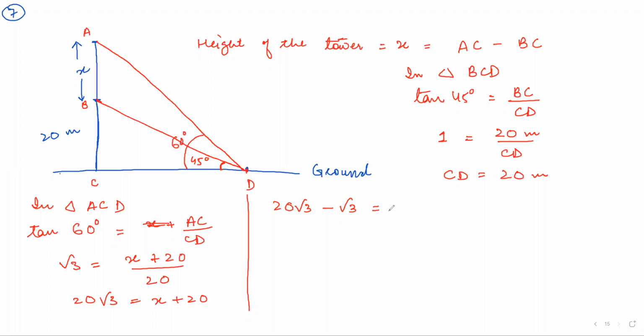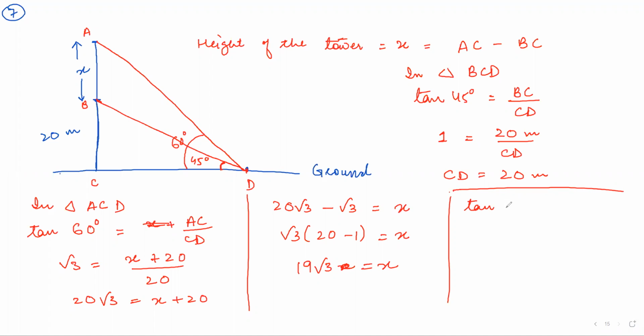So let's see what comes out from here. If I take root 3 common, so I have 20 minus 1 is equal to x. So I get 19 root 3, sorry, is equal to x. So that's the height of the tower I'm getting. And what you are saying, Harsha, is that you directly find AC, that tan of 60 is AC by CD, right?